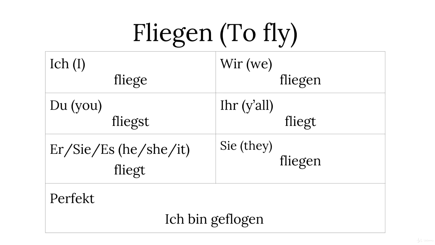There is one more thing to be careful for. Geflogen, or the second verb in the Vergangenheit, is always at the end of the sentence. Ich bin geflogen. Geflogen is always going to be at the end.